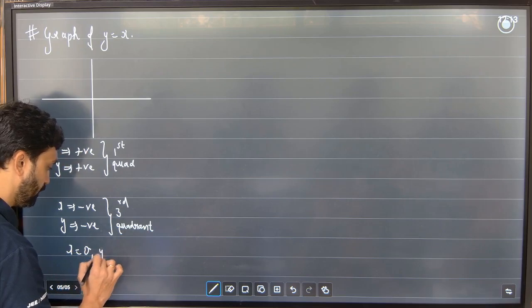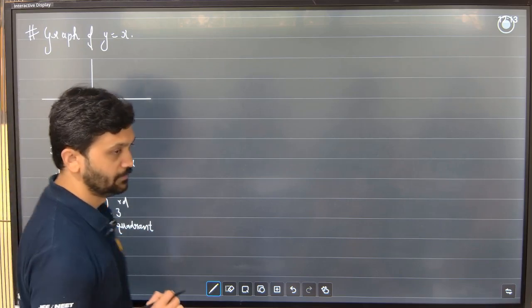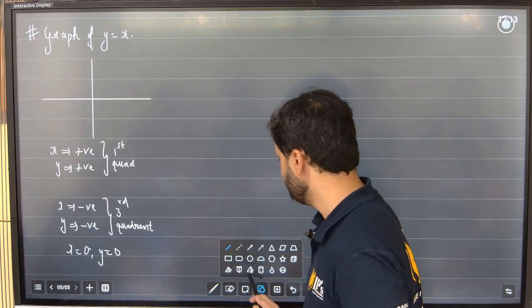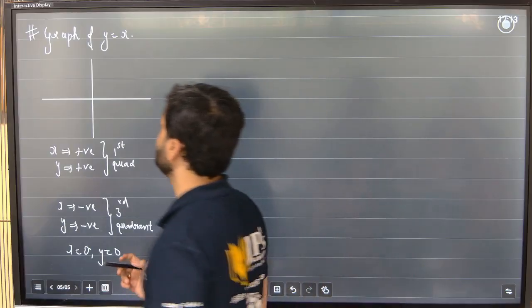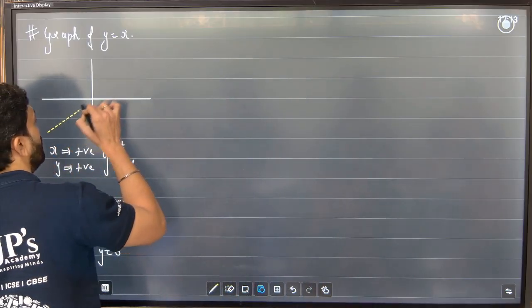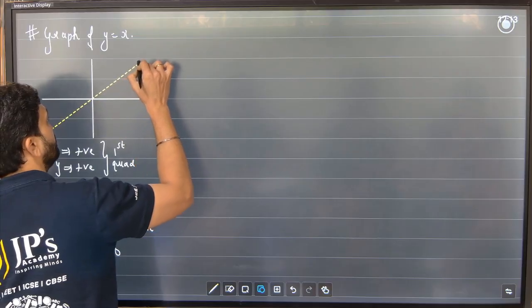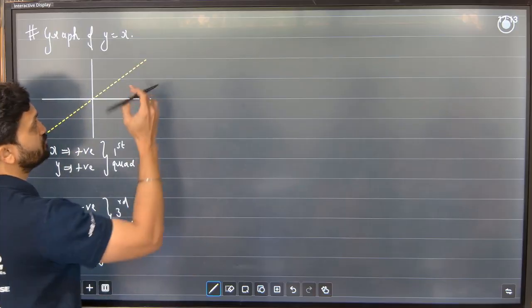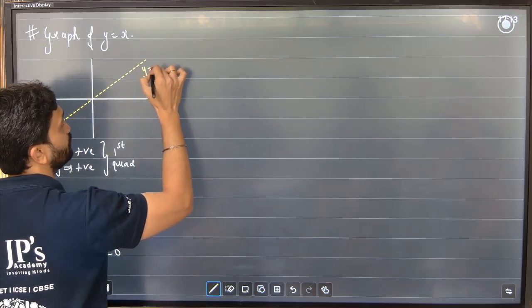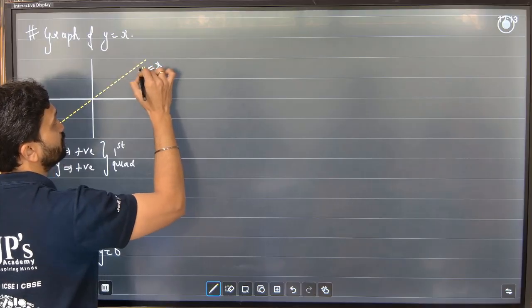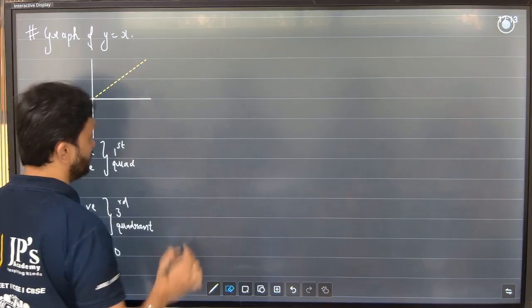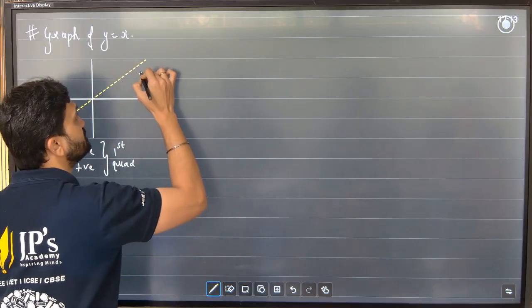And if x is zero, then y is zero. It means that my graph will be like this. If x is 1, y is 1, x is 2, y is 2, x is 3, y is 3, and x is 0, y is 0. This is the equation of a line that is passing through the origin, which is y is equal to x.